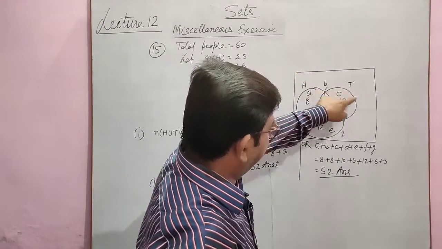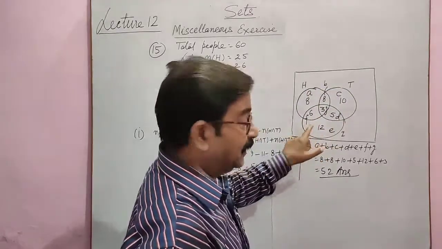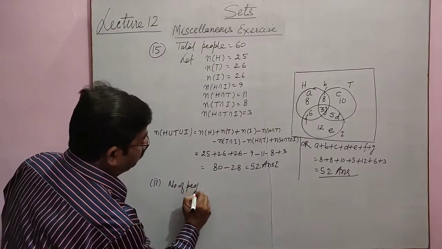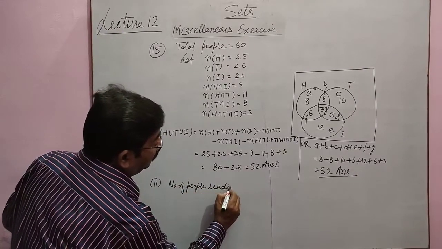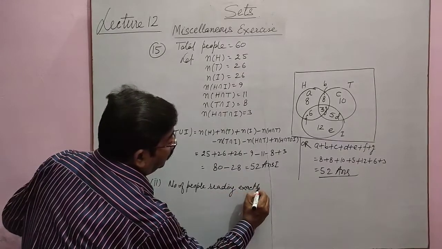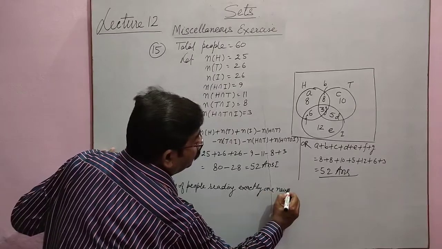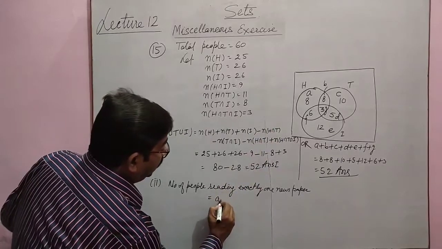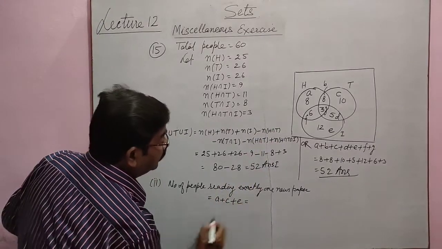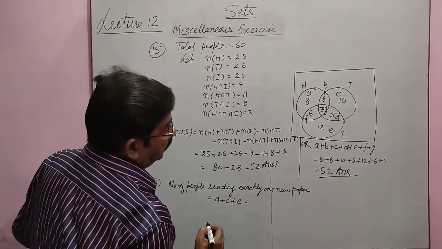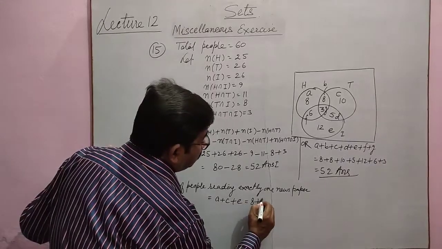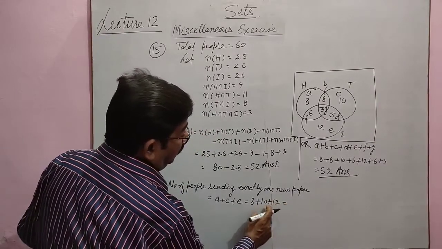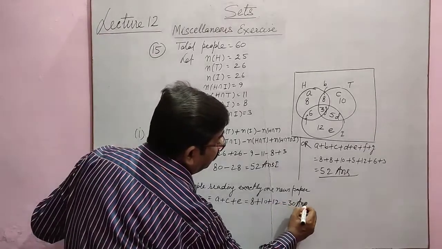C is exactly T and E is exactly I. So for second part, number of people reading exactly one newspaper is what we have, A plus C plus E, and this is 8 plus 10 plus 12, 8 and 12, 20 and 10, 30 is the answer.